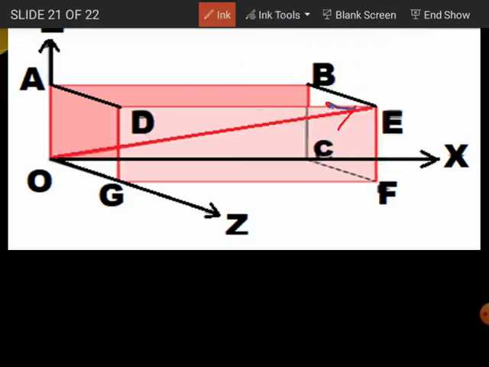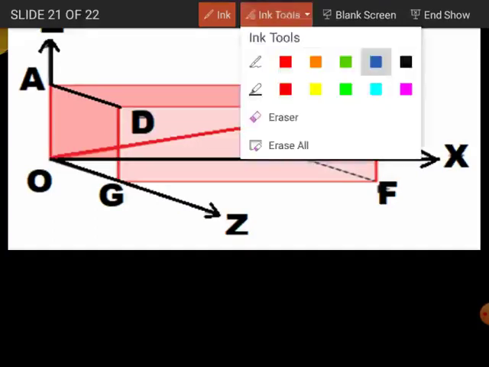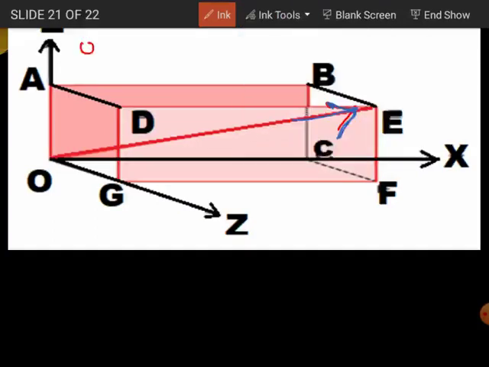OE will represent a vector quantity, and the direction of OE is along this. So your OE vector, as I said, will be equal to what? Now this point OE, if you take a cuboid, this cuboid will be representing the body diagonal.